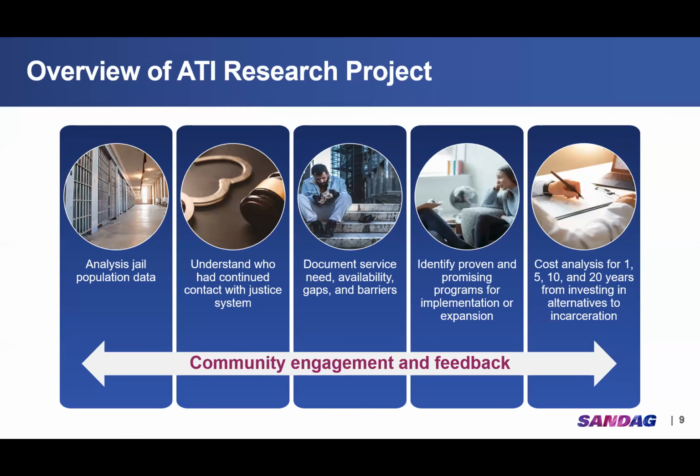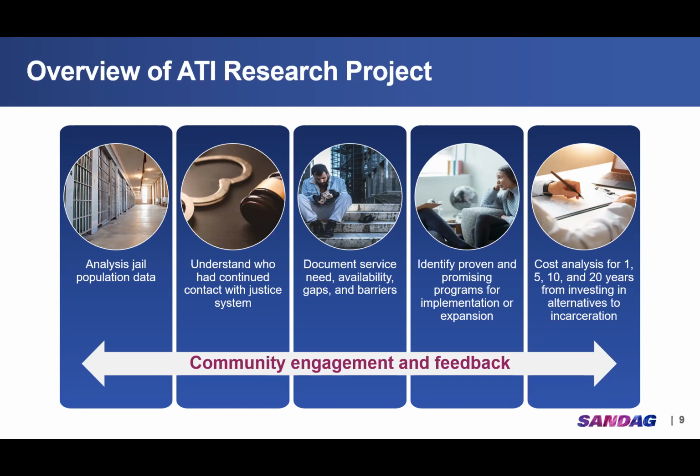So how are we doing all that to answer those research goals that were put forth for us? We're analyzing the jail data, and that data has already been presented to the Board of Supervisors, and that presentation is on our website. It is also on YouTube with the county.